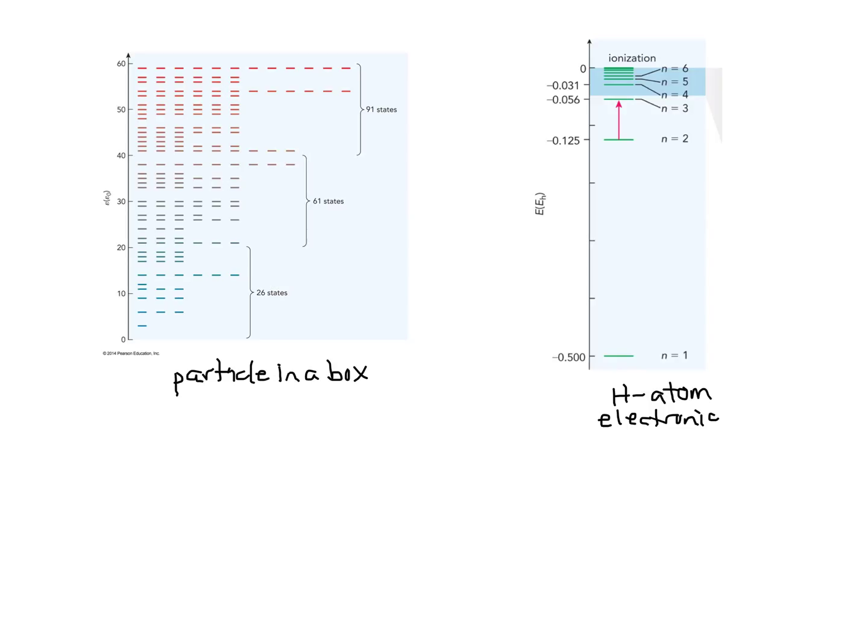In both of these systems, and indeed in pretty much every microscopic energy level system, we can see that the number of states increases as we increase the energy. So the number of states in a small energy range is much, much larger at higher energies than it is at lower energies.